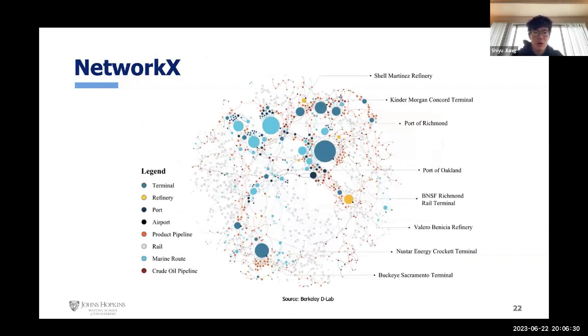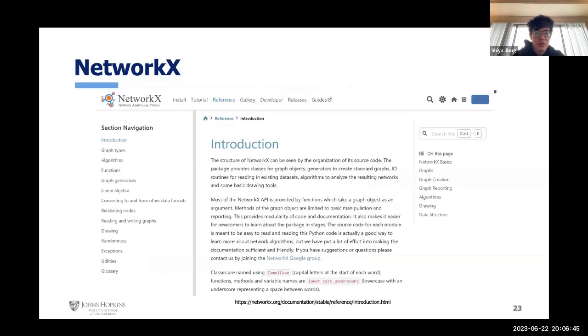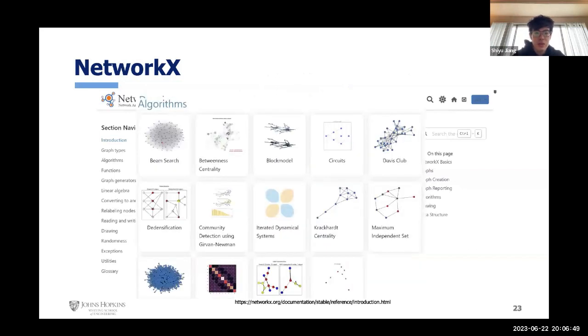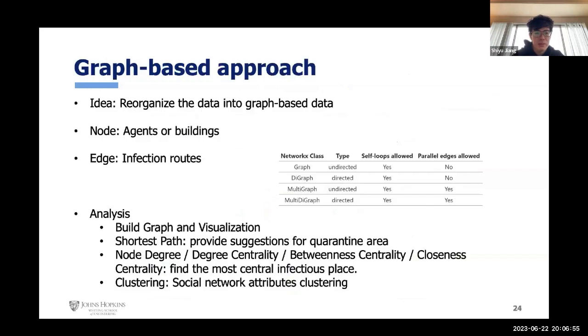We first reorganize the data into graphs, and we use this tool called NetworkX to build graphs and do some data mining. So this is the brief introduction, and we can do some fancy drawings as well as use those algorithms to do further analysis.